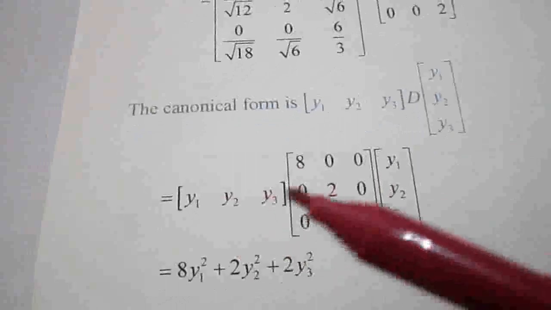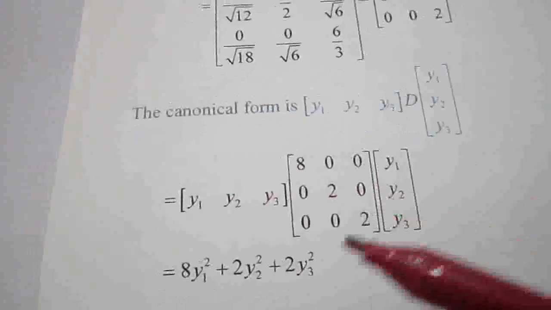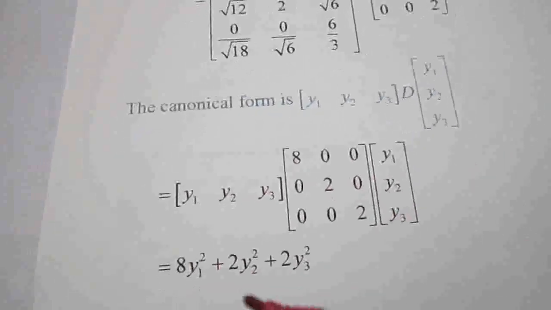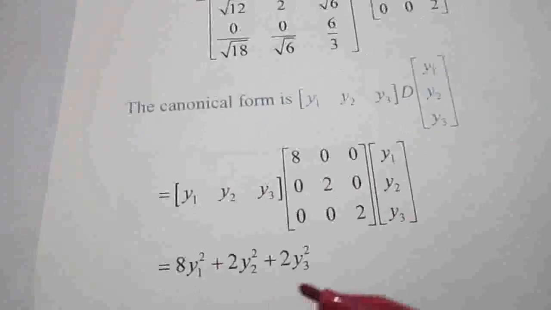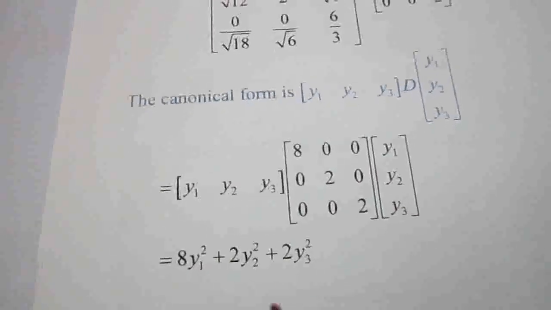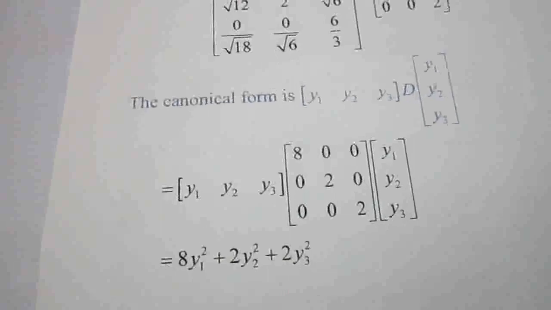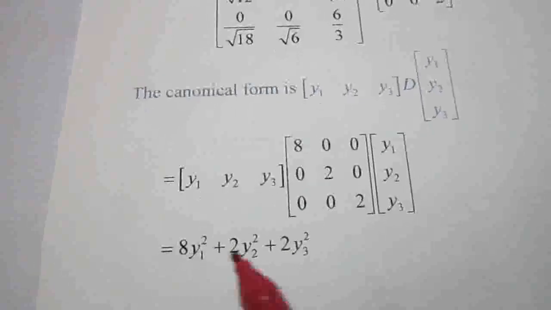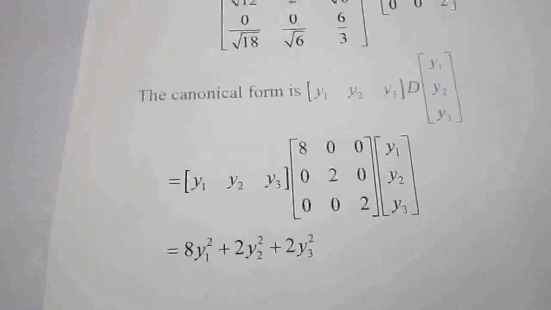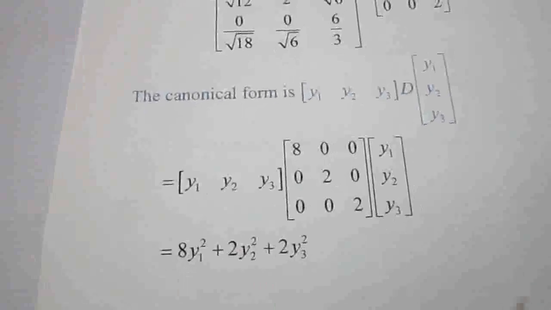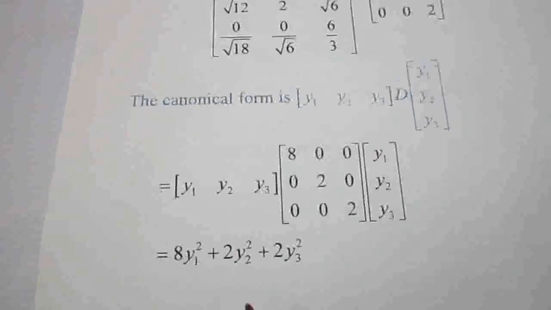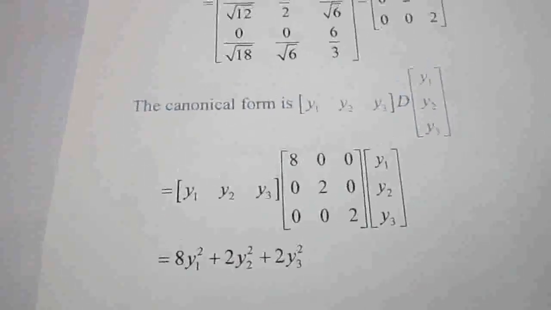Multiplying these three matrices, you will get 8 y1 square plus 2 y2 square plus 2 y3 square, which is the canonical form of the given quadratic form, and whose coefficients must be the eigenvalues of the matrix A.